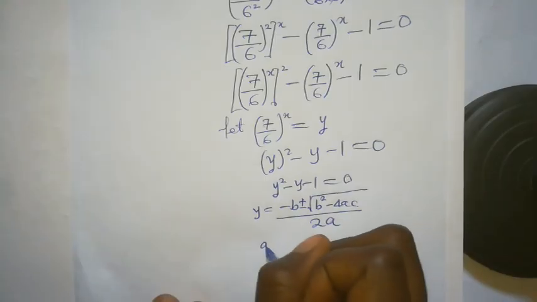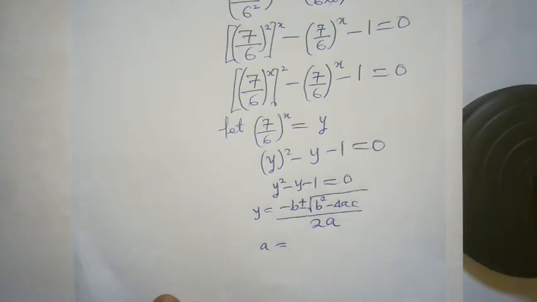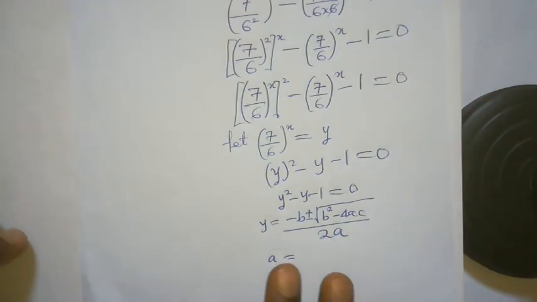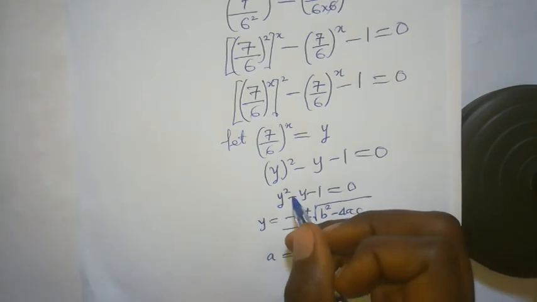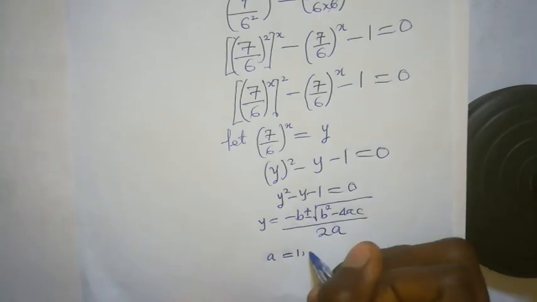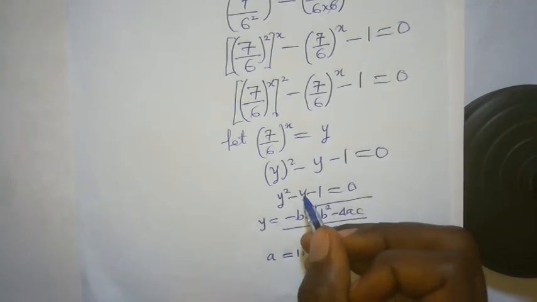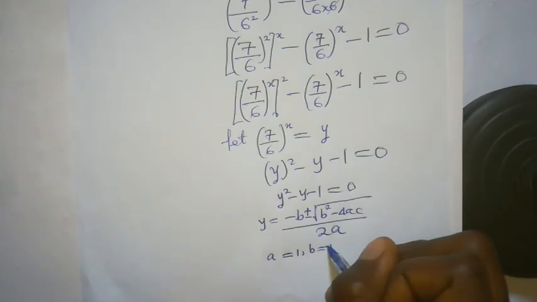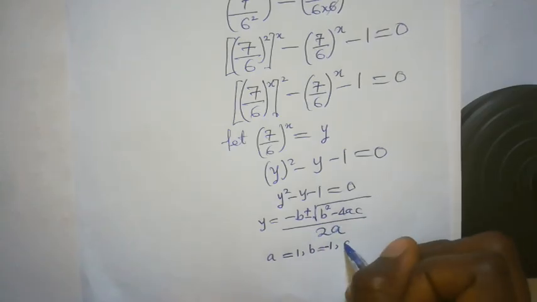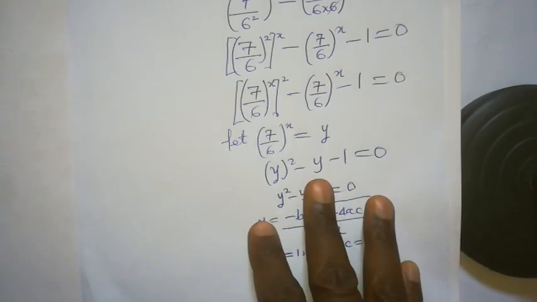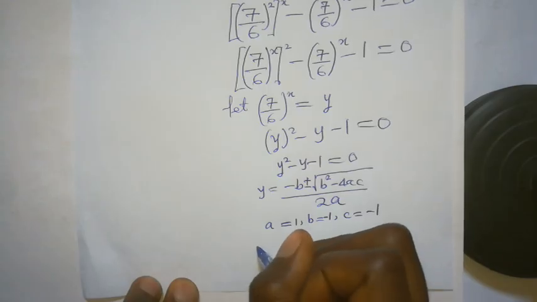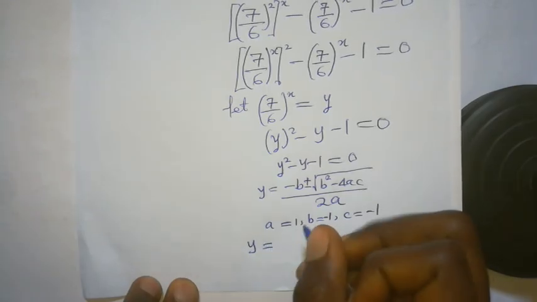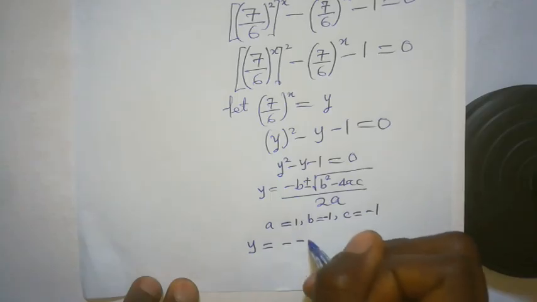In this case, the coefficient of y squared, a, is equal to 1, the coefficient of y, b, is minus 1, and our c is minus 1.